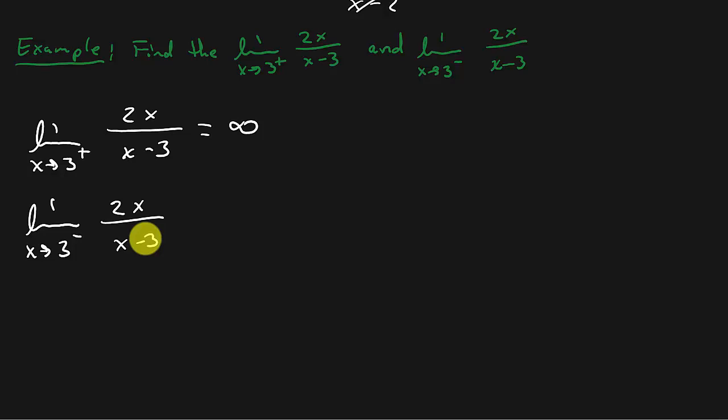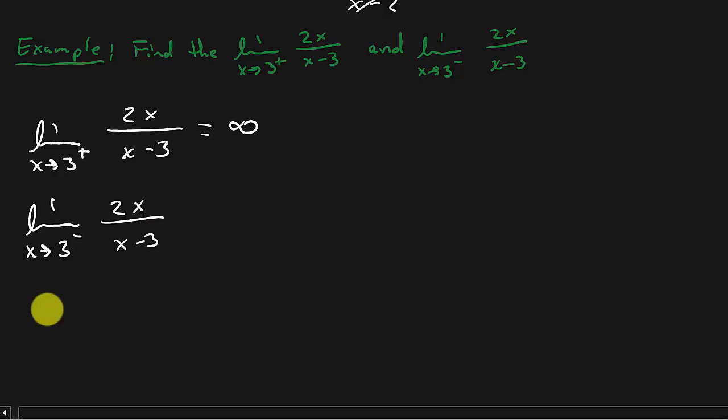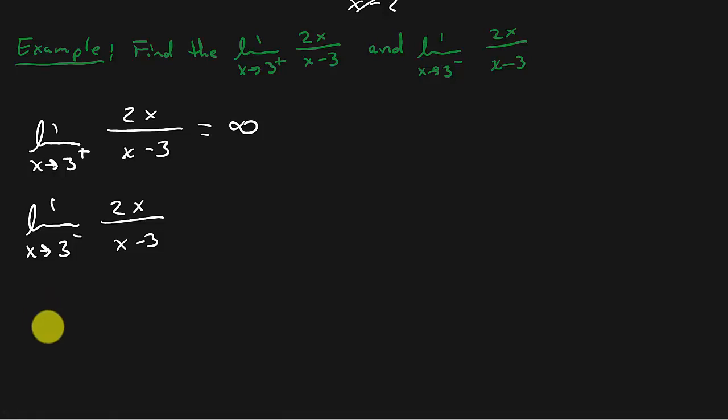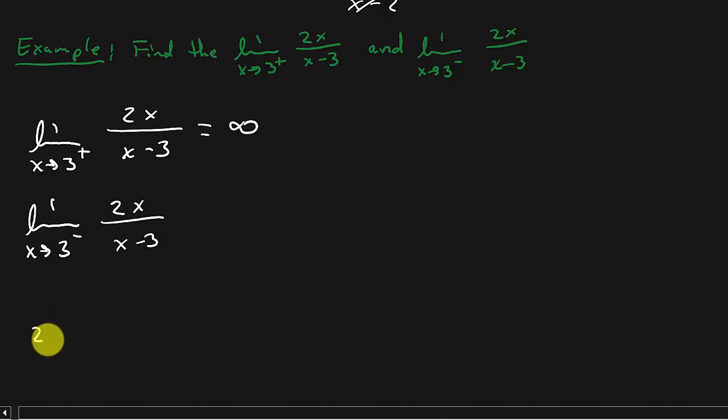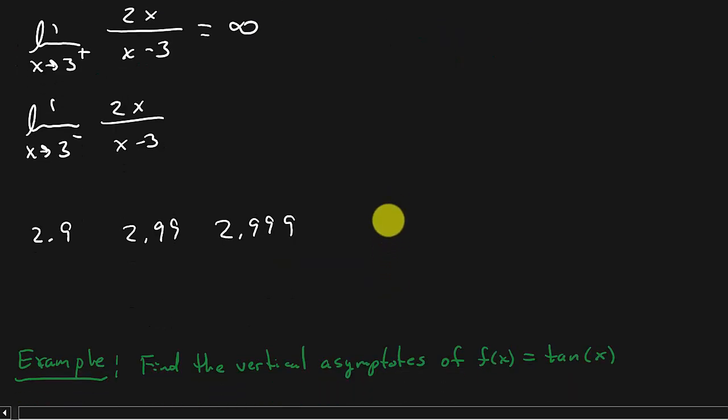Okay? Now, this one, we're coming into 3 from the left-hand side. So it's the same argument, or the same logic. So we're going to be plugging in numbers like 2.9, 2.99, 2.999, and so on.